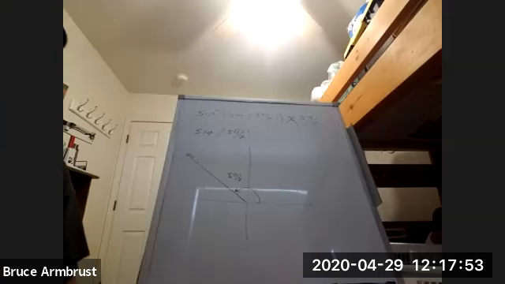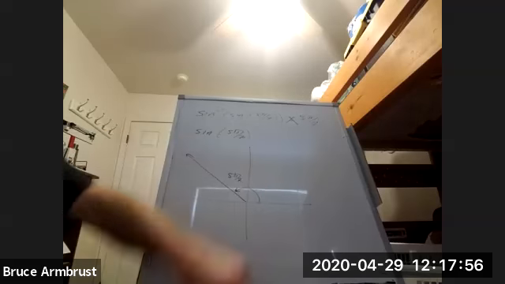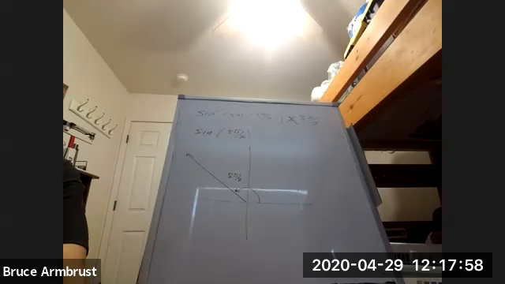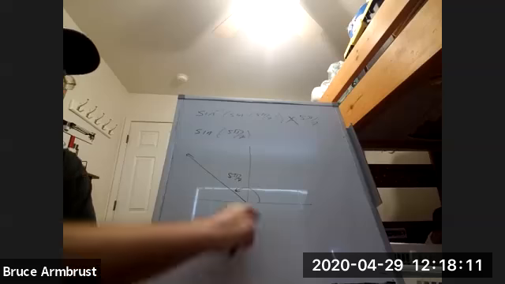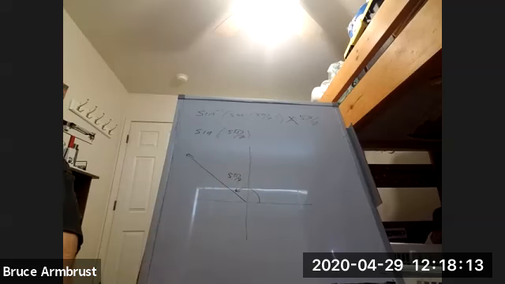Yeah, so which quadrant, 1 or 4, also has positive sine? Quadrant 1. Yeah, so it's quadrant 1. I'm seeing lots of thumbs up, ones. It's definitely quadrant 1, because remember, everything in quadrant 1 is positive.